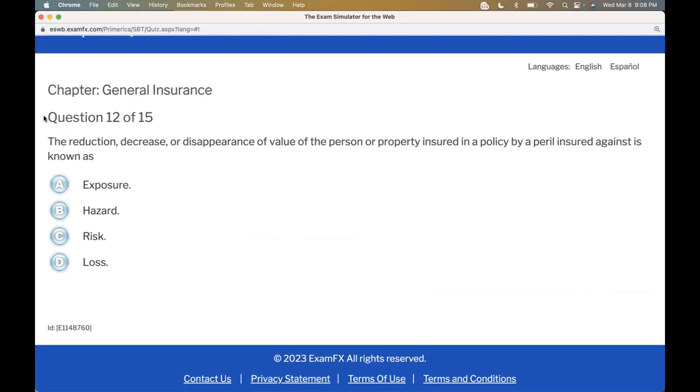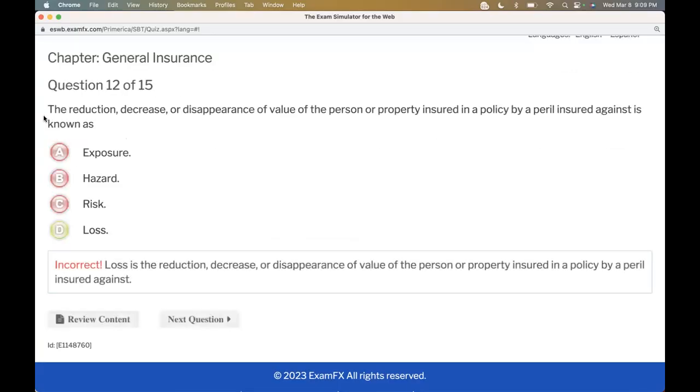The reduction, decrease, or disappearance of value of the person or property insured in a policy by a peril insured against is known as... What do you think? D. Wow, you got it right. Good job. Loss is the reduction, decrease, disappearance of value. Hey, that makes perfect sense now.